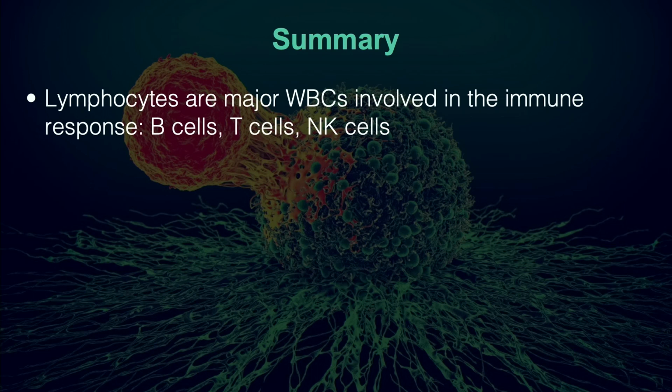Lymphocytes are major soldiers in the battle against invading microbes, invading pathogens. Lymphocytes are the major white blood cells that mount an immune response. B cells, T cells. We didn't speak much about natural killer cells, but they are generally broad killer cells that can destroy a wide range of cells.